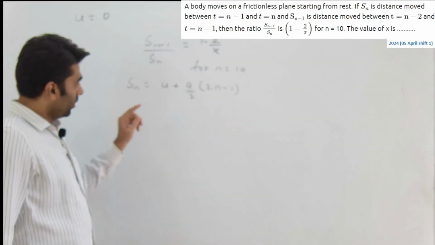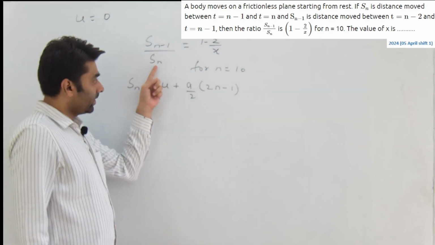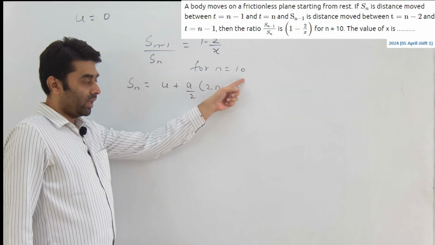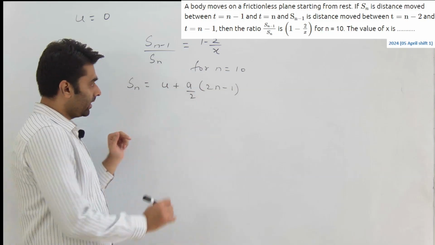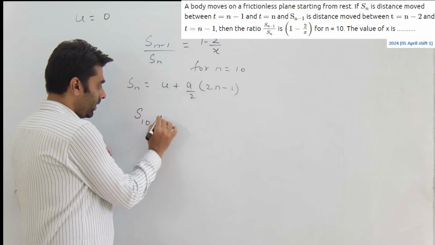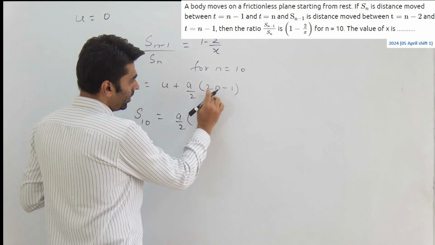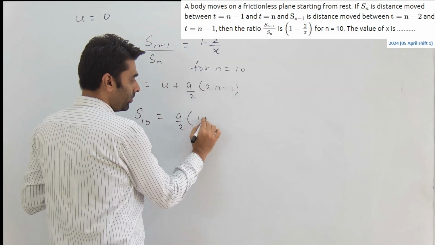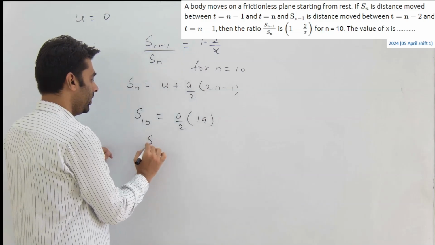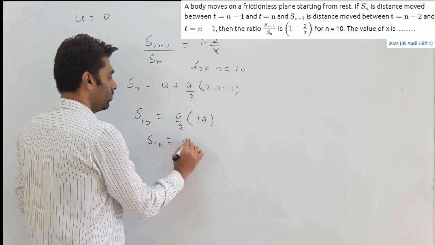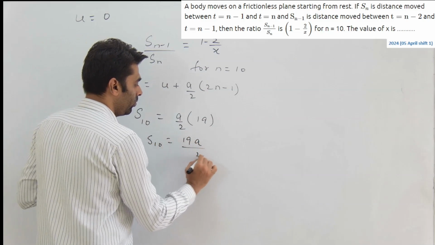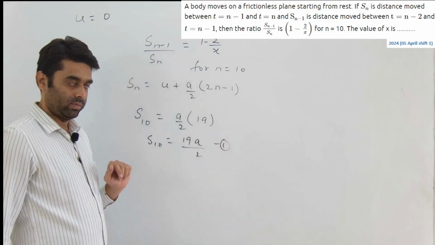Okay. u is 0. For 10 seconds, Sn is basically for n equals 10. It will be a by 2 into (2 into 10, 20, 20 minus 1 is 19). So we are getting S10 equals 19a by 2, equation number 1. Fine.